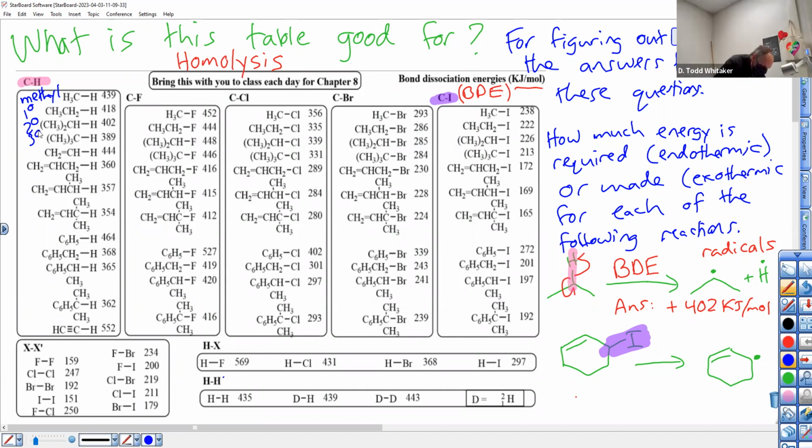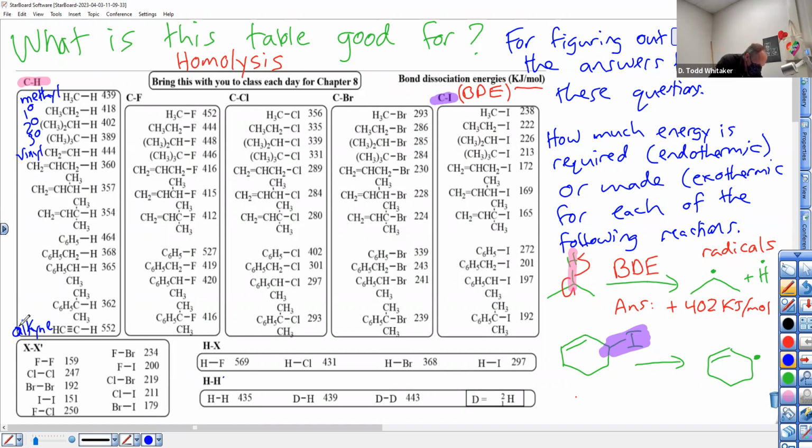Vinyl. Ladies and gentlemen, if you have a choice of vinyl or any other kind of CH, which one's going to break first? Any other CH except for alkyne is the only one where it's harder to break that bond, right? You don't have a name for that group.